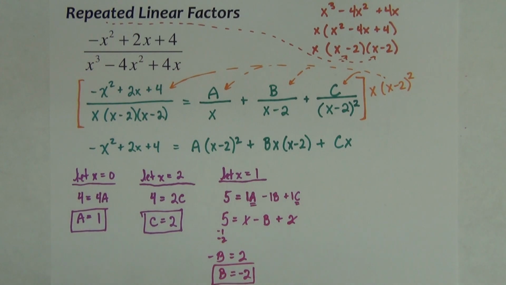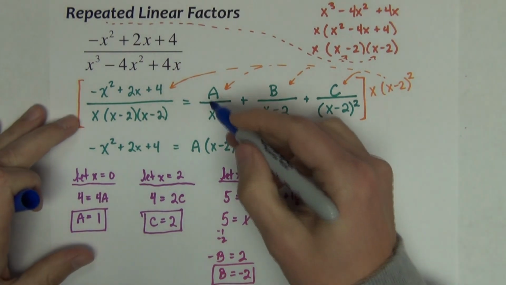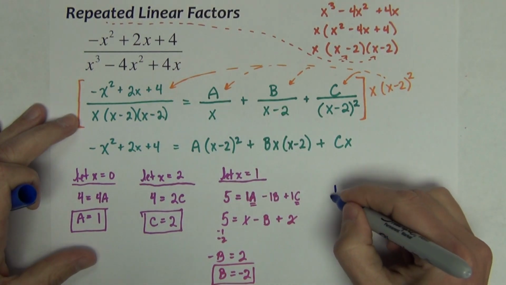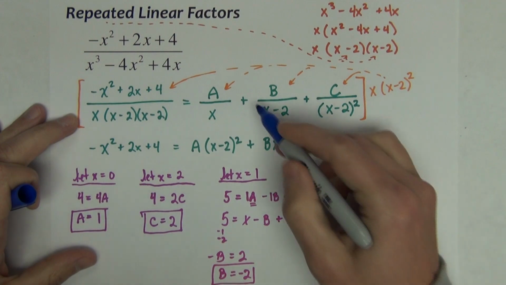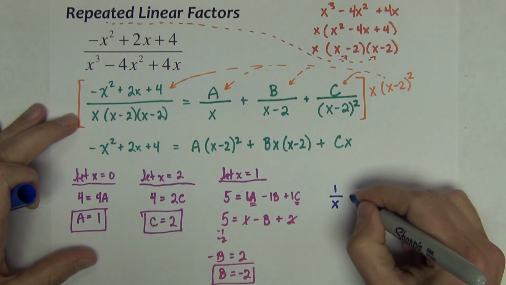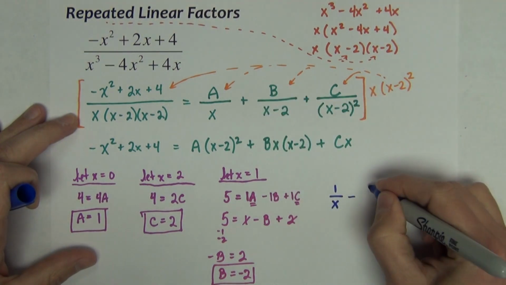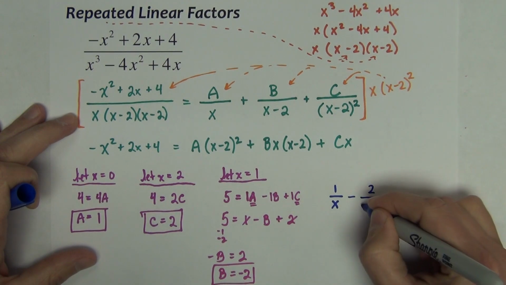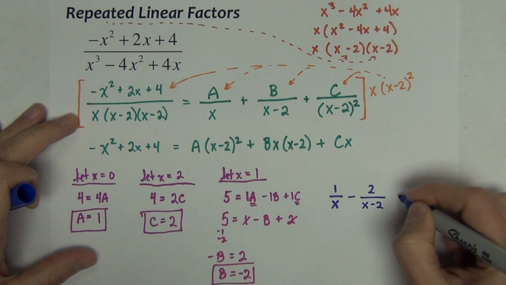Alright, so we now have the A and the B and the C all solved for. We can finish this by writing out our solution. The solution should be A over X, so 1 over X. Next is plus the B. The B is a negative number, so instead of plus, I'm going to write minus 2 over X minus 2.